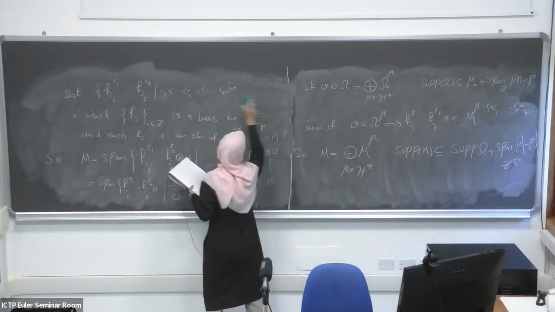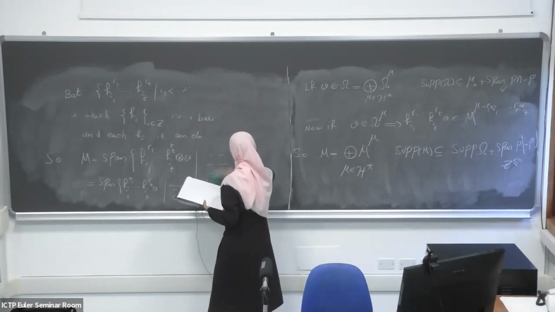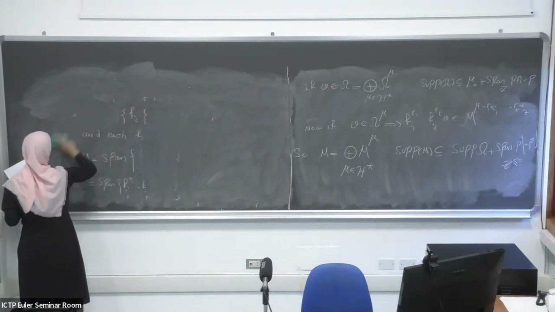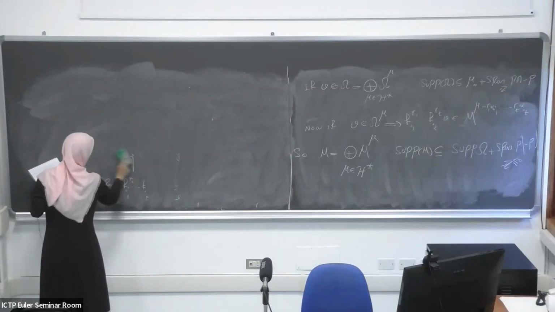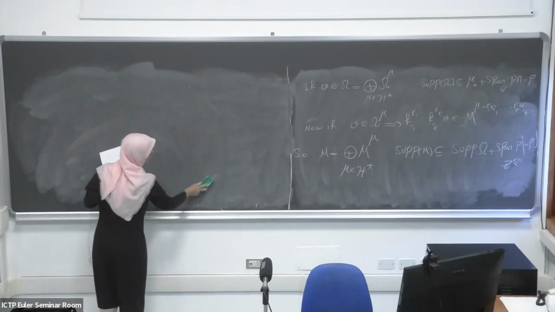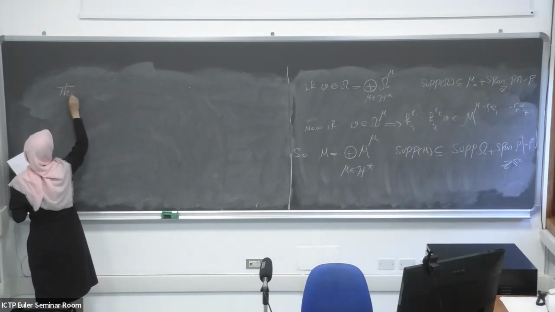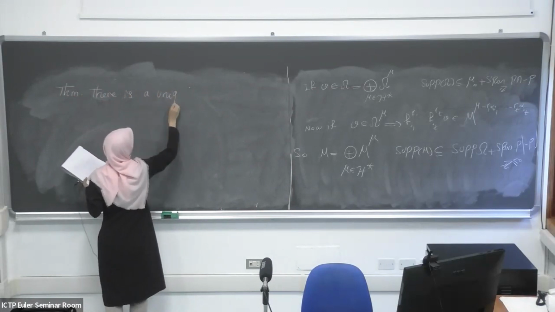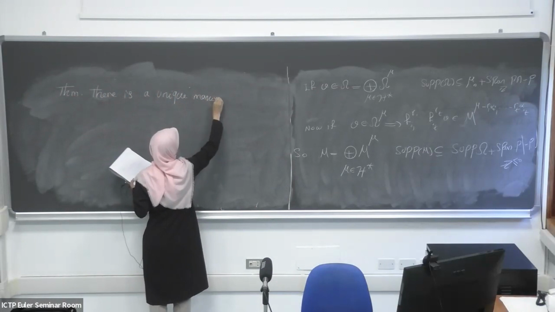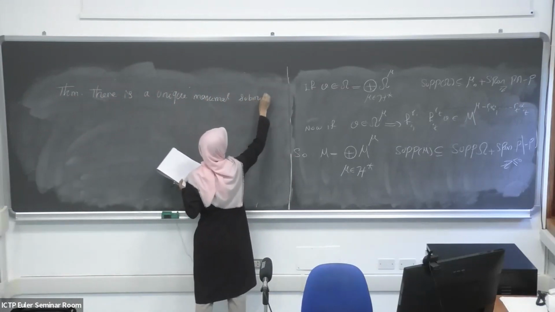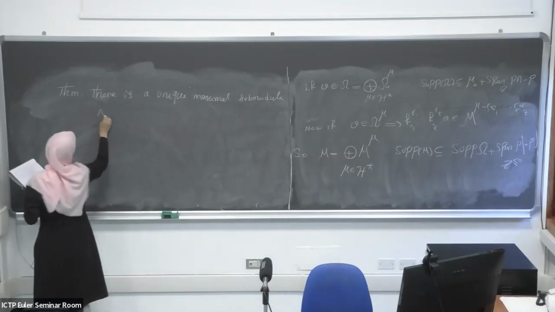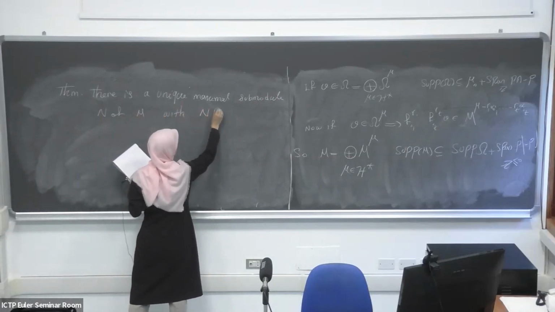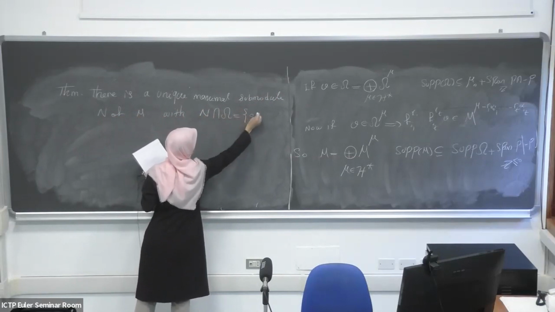Okay. And now we can prove that there is a unique maximal submodule N of M with N intersection omega to be 0.